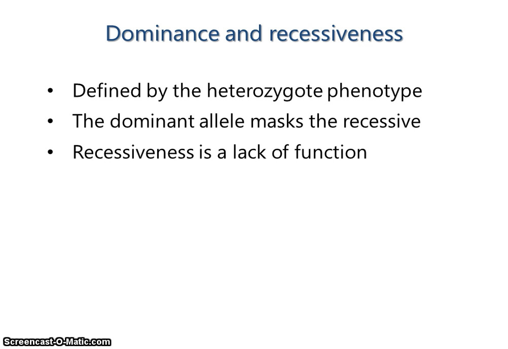It's important to note that recessiveness is caused by a lack of function in a gene or an allele. As an example of this, we often think of white flower petals as the flower producing a white pigment.